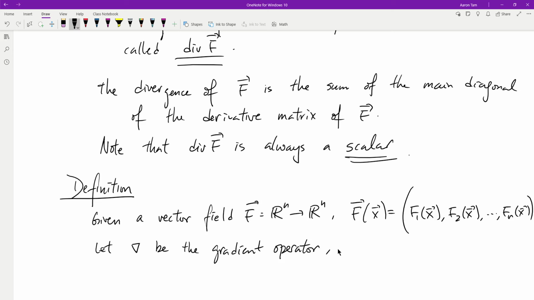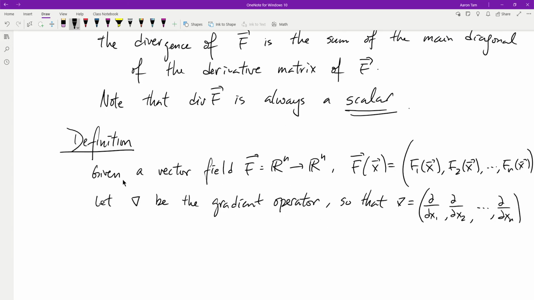So what is the gradient operator? The gradient operator is basically equal to a vector that looks something like this. We basically partially differentiate with respect to each of the independent variables. So now we can define the divergence.